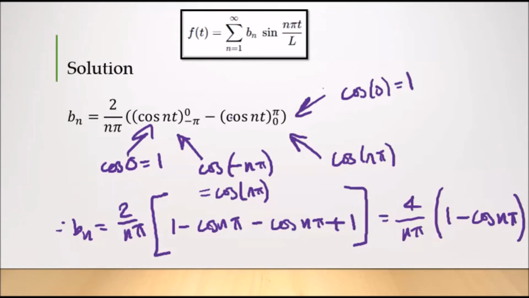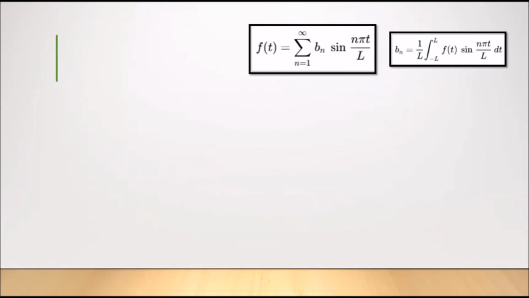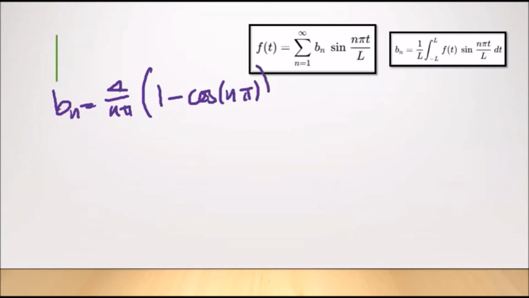Okay, not bad. So what does this tell us? We have to make a few deductions here. We need to see what happens with certain values of n. Let's say when n is 0. Let's make a couple of deductions. I'm going to do a new page and copy this down. So far, bn equals 4 over n pi times 1 minus cos n pi.